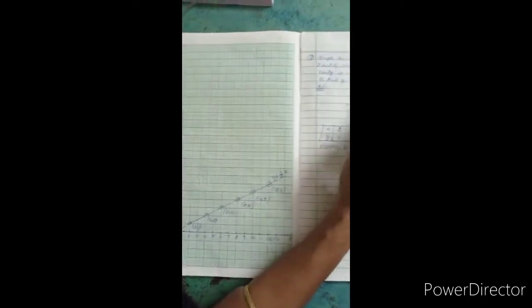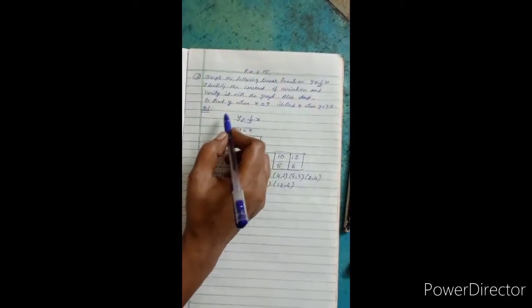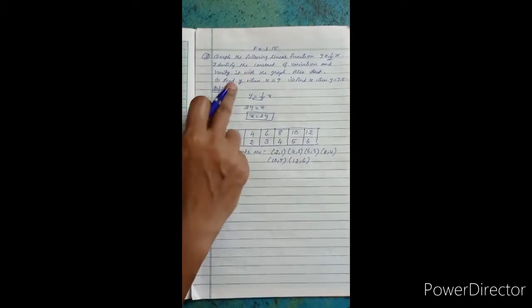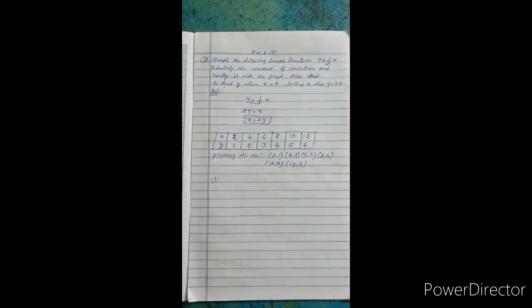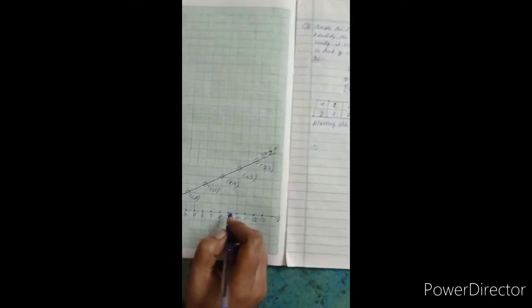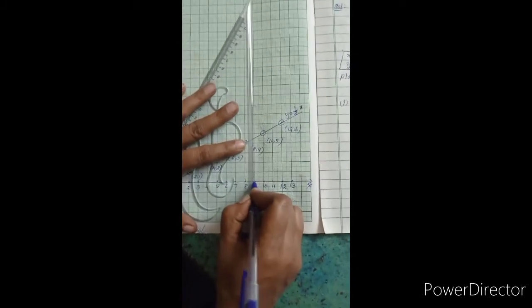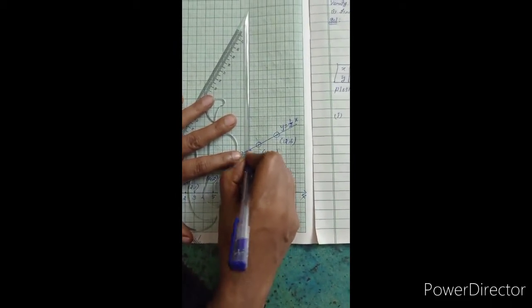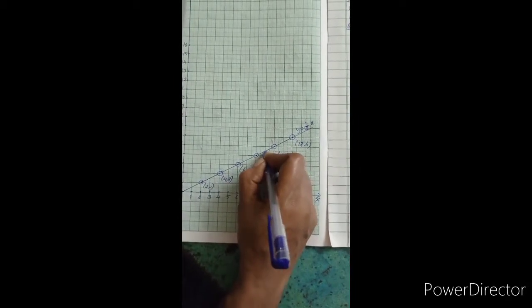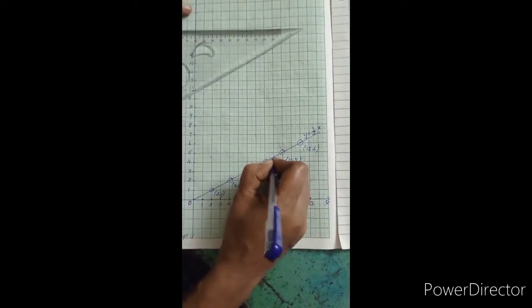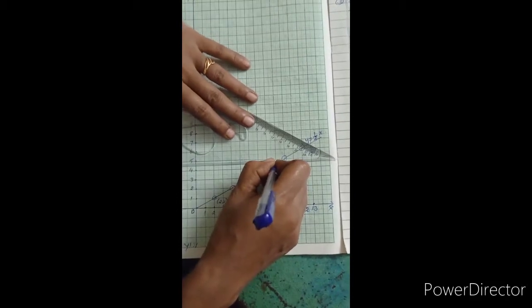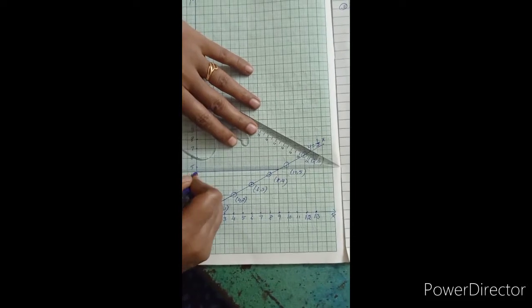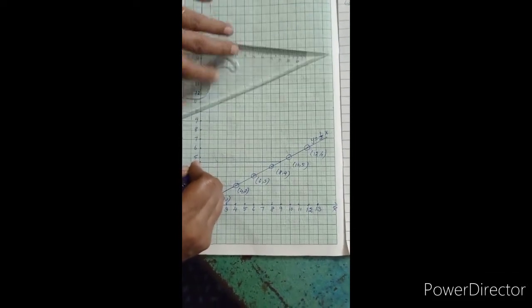So given 2 questions, how do we find the answers? First question is find y when x is equal to 9. Here x is 9. So start from the line here. The vertical line touches our straight line here. From this point, draw a horizontal line like this. That horizontal line meets the y-axis here.